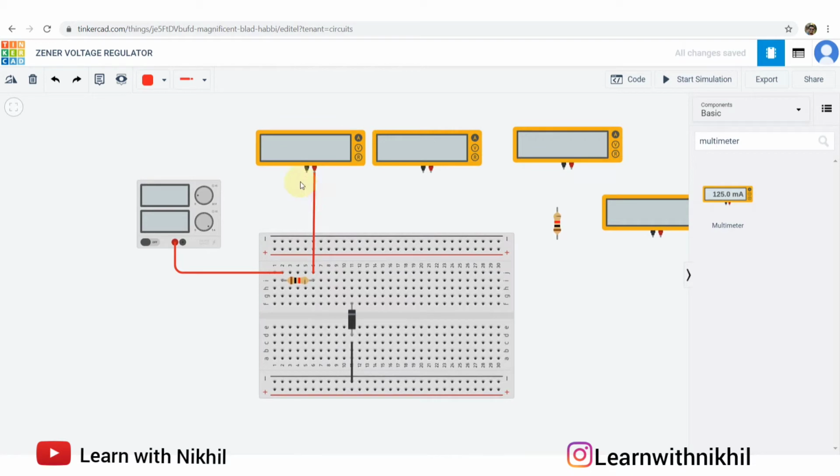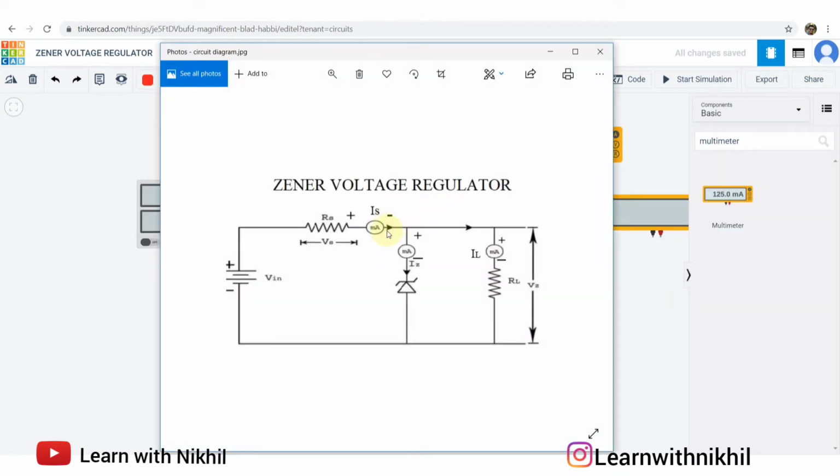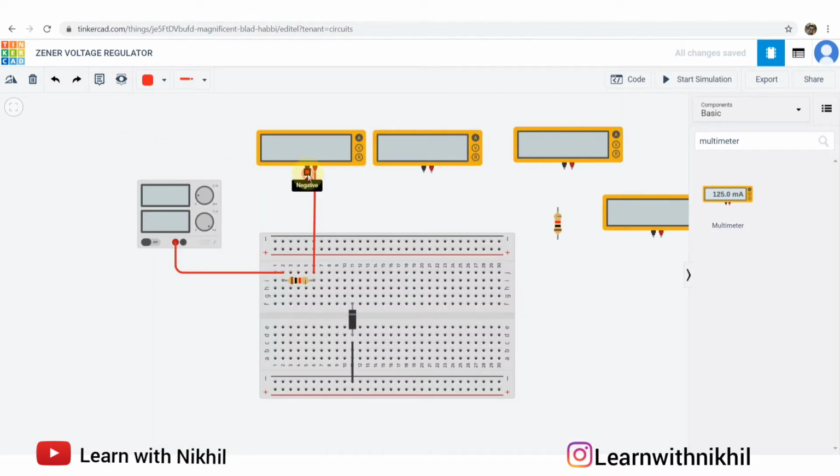Now next, the negative terminal of the milliammeter is attached to the positive terminal of the IZ milliammeter. So this negative is attached to the positive of the other milliammeter.